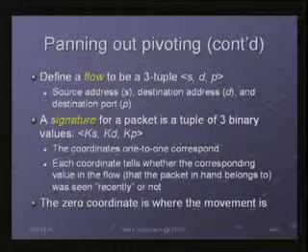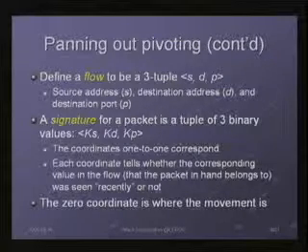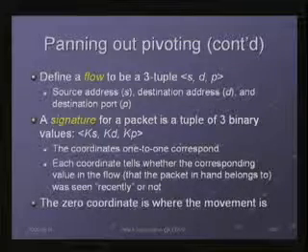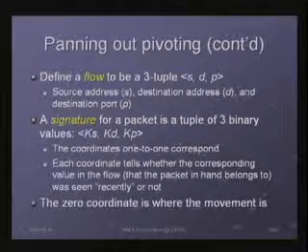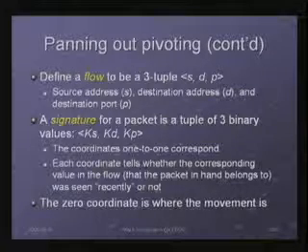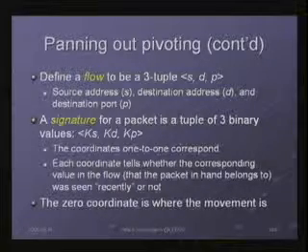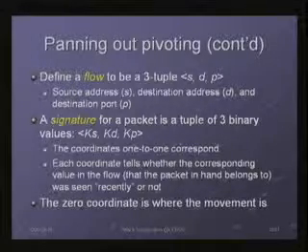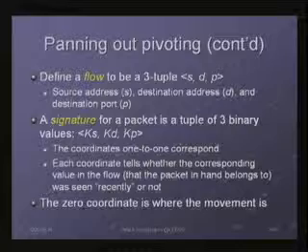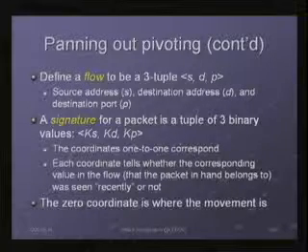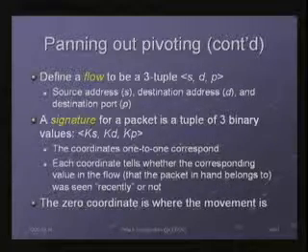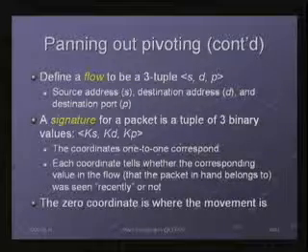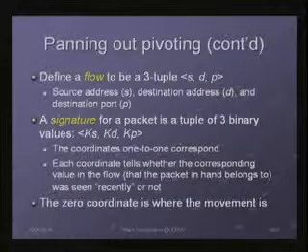First, let us define a flow to be a three-tuple consisting of source IP address, destination IP address, and destination port. Then we define the signature for a packet, which corresponds to the flow three-tuple, but the values here will be binary. So KS, KD, and KP are all binary. The binary values tell you whether or not you saw the corresponding value in the flow three-tuple recently.